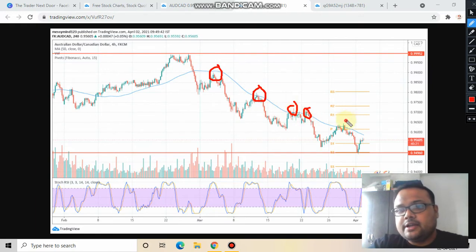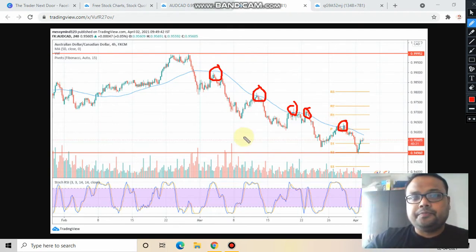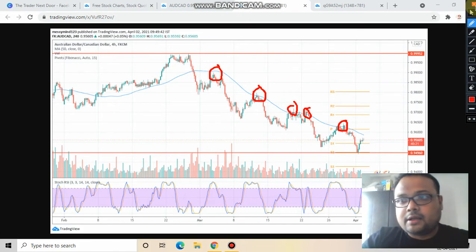Every time it tries to go up, it gets resistance from the 50 MA and comes down. Since March, for the last 1 month, the market is unable to cross this level as the 50 moving average is not allowing it.